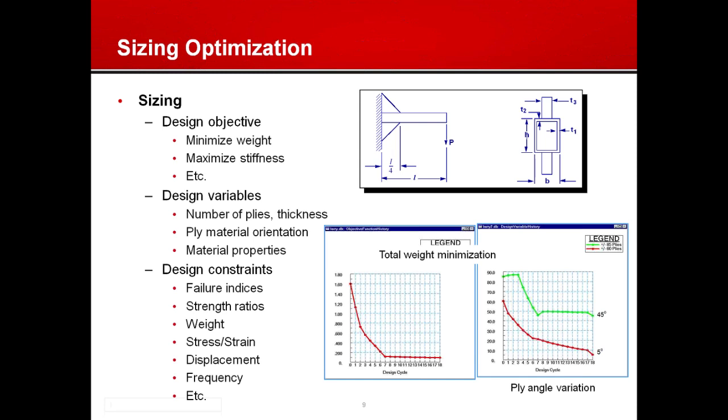So anything that's on your connectivity entry can be used as a design variable as well. And the design constraints can be specified in the sizing optimization, and the complete list of these constraints that are permitted can be found in the quick reference guide under the DRESP1 entry description.